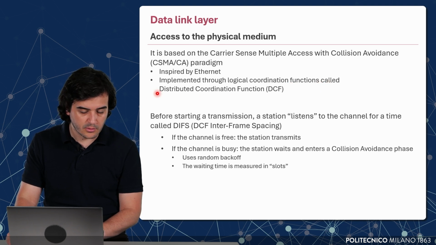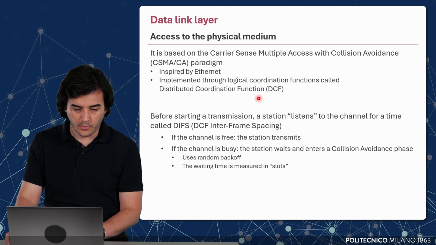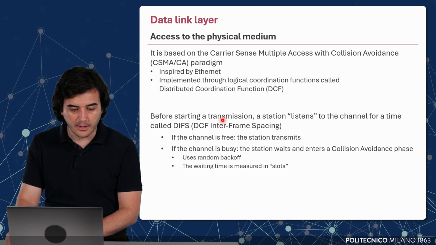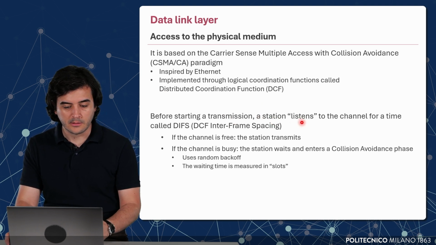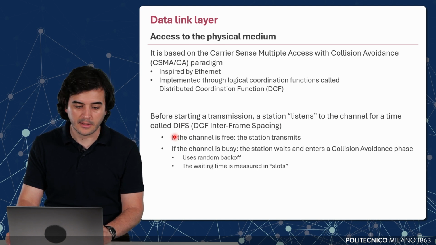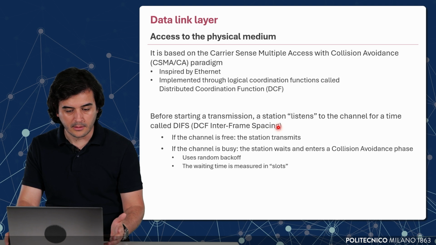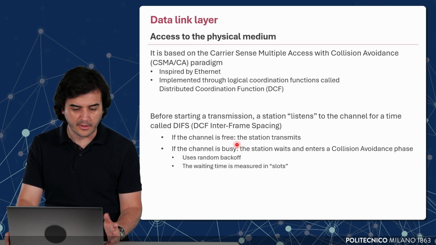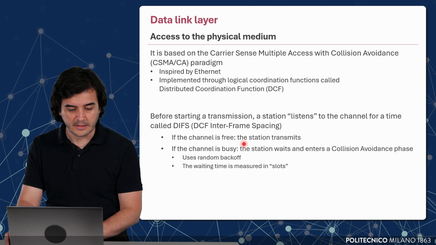One of these functions is the distributed coordination function that we will see with an example. The idea is that before initiating a transmission, a station, an equipment, will listen to the channel for a given time, which is identified as DIFS. If in this time the channel is free, then the station will initiate the transmission.